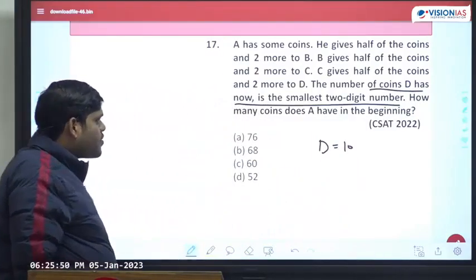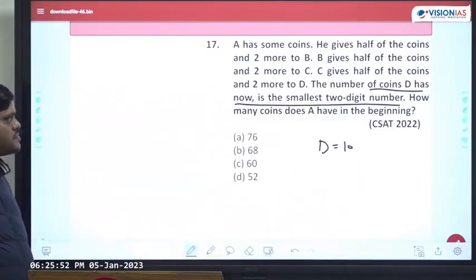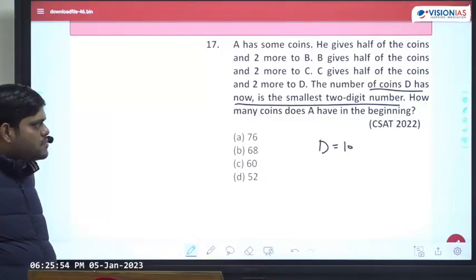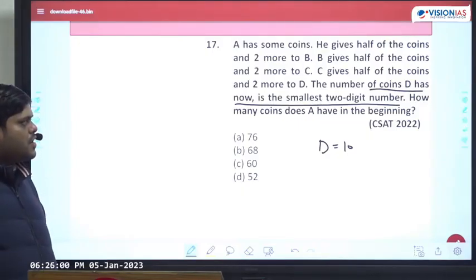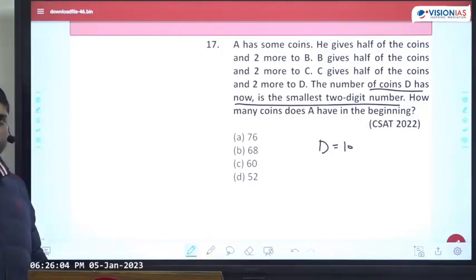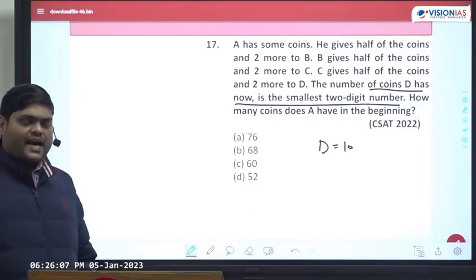D has 10 coins. Now go back: C gives half of the coins and 2 more to D. Half of the coins and 2 more.